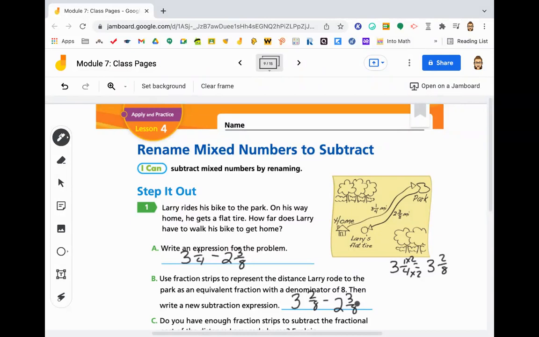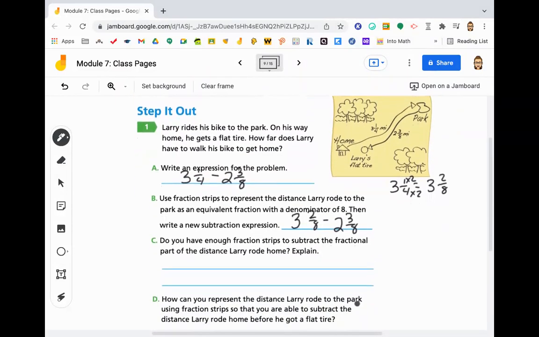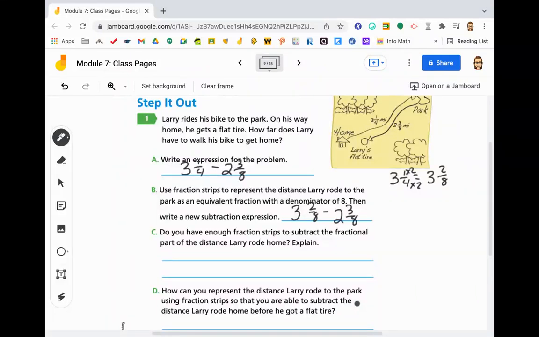So if we think about this, it says, do we have enough fraction strips to subtract the fractional part of the distance Larry rode? So if I have 2/8, can I take away 3/8?